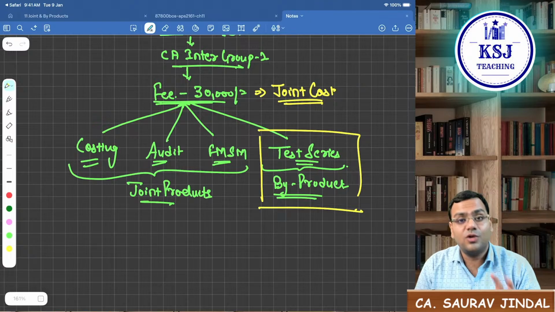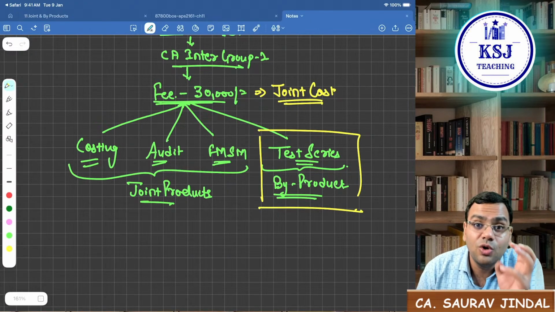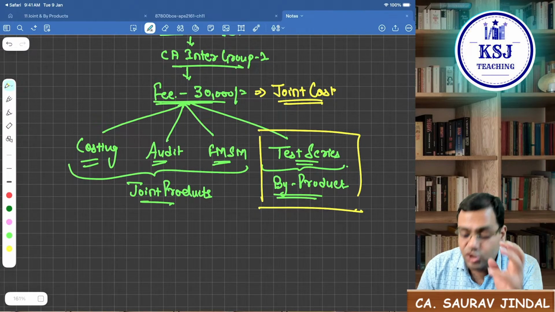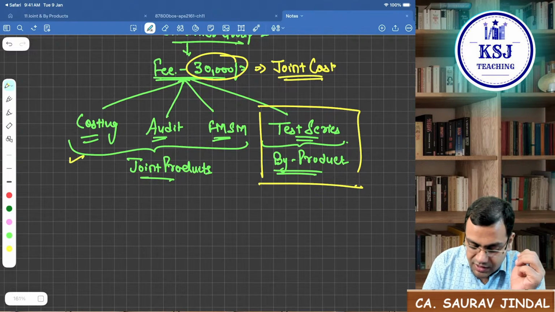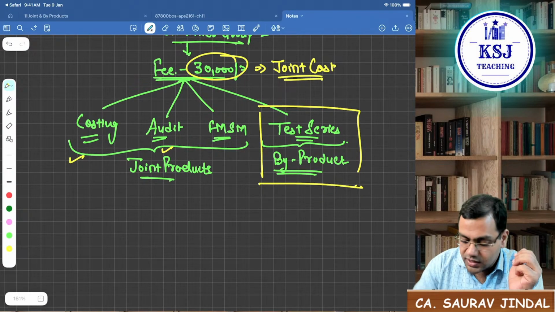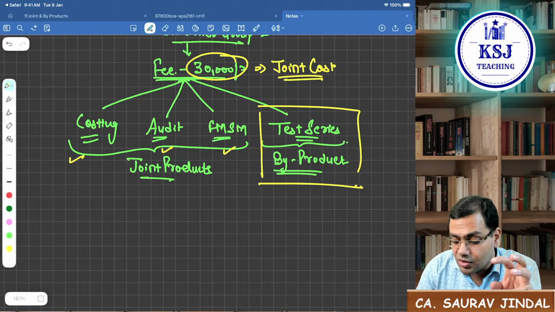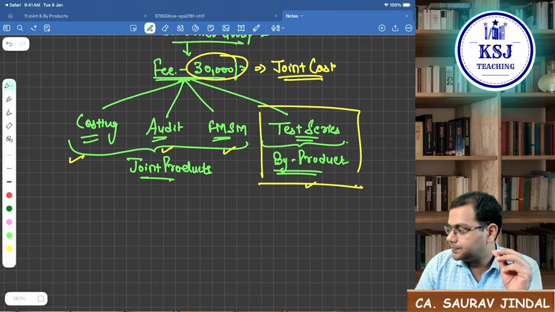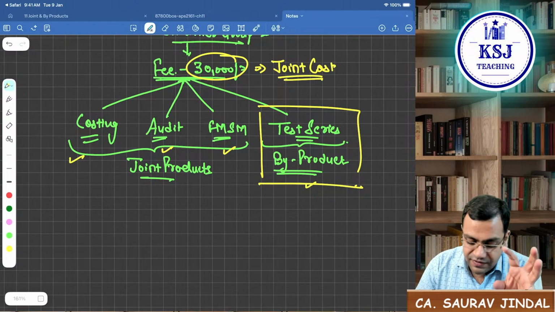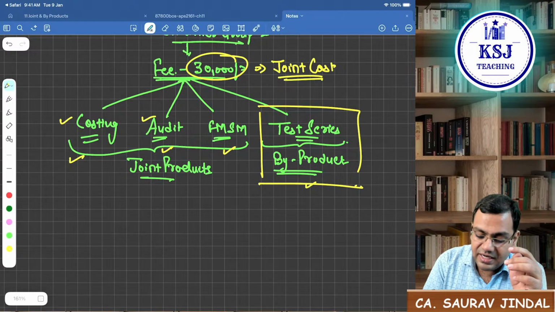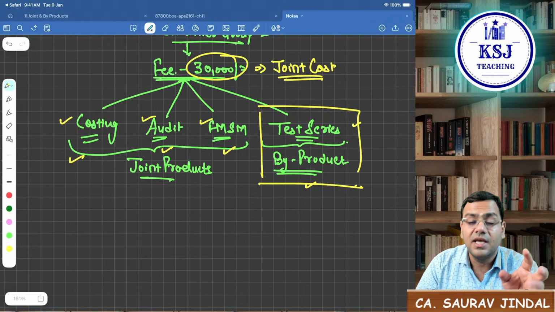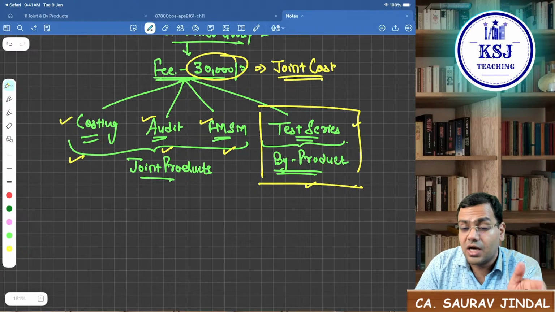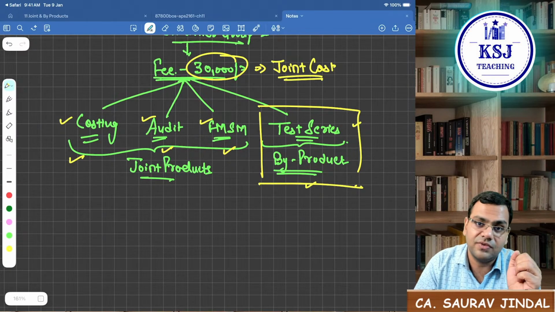Now the coaching center should know, out of this 30,000, what is the cost of costing class, what is the cost of audit class, what is the cost of FMSM class, what is the cost of test series, so that if they have to sell any of the individual subjects or individual test series, they can. If they do not know the cost, how can they sell it? They will not be able to specify the selling price for that, right?